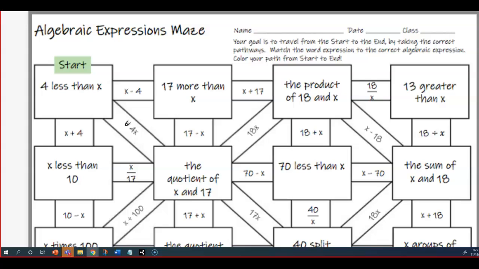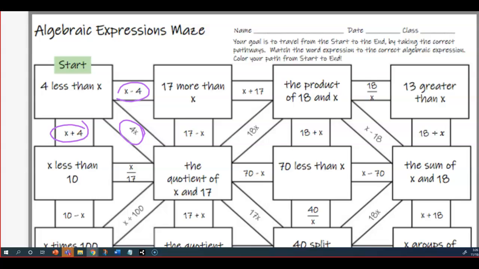Okay, 4 less than X. Look at your options. So we're looking for subtraction, right? 4 and X together shows multiplication.